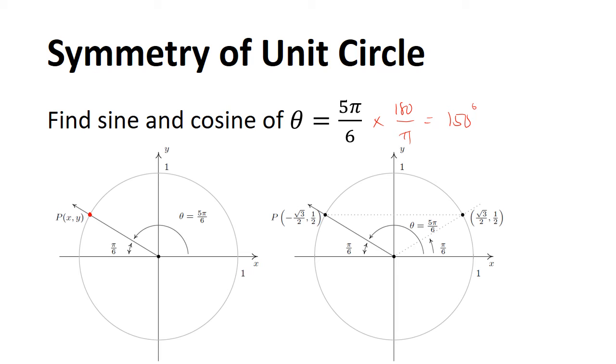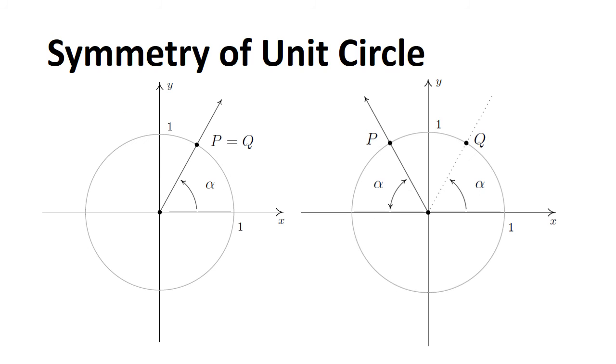So, kung yung terminal side ng ating angle alpha is nandito sa quadrant 1, okay, ang symmetry niya is nandyan lang din sa quadrant 1.